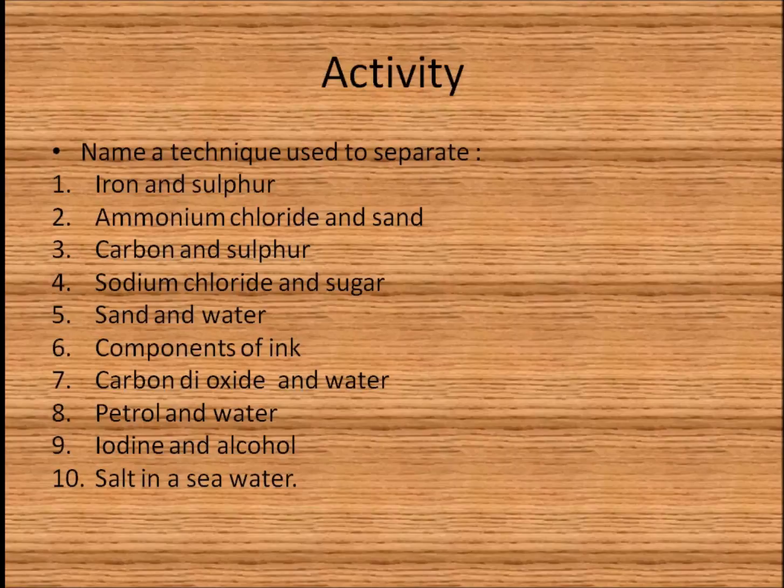Name a technique used to separate: first, iron and sulfur; second, ammonium chloride and sand; third, carbon and sulfur; fourth, sodium chloride and sugar; fifth, sand and water; sixth, components of ink; seventh, carbon dioxide and water; eighth, petrol and water; ninth, iodine and alcohol; tenth, salt in sea water. I hope you can do it very easily.